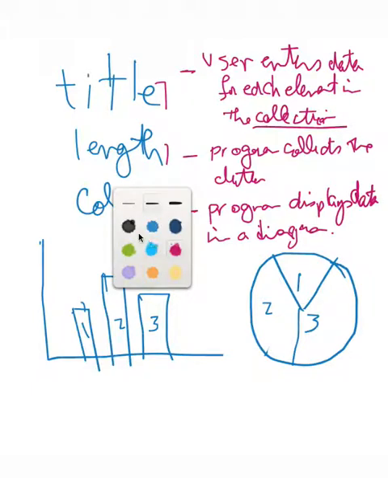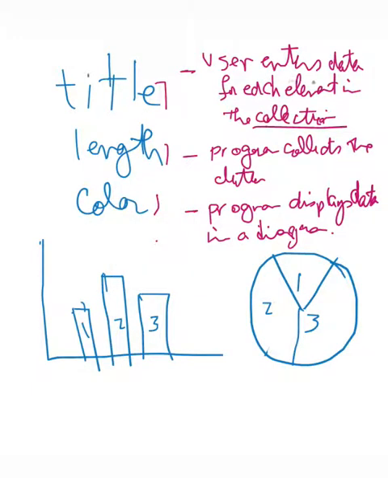Good so far? So that's what the program needs to do. The next step is we want to ask ourselves, what does the data mean? Let's take it one by one. There are multiple questions we have to ask ourselves. The first question is what type of data?